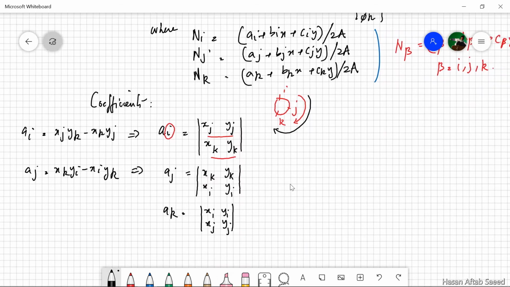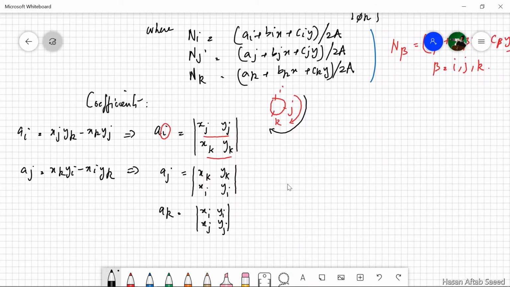What about the b's? Bi, if you recall, was yj minus yk. Now again, if we try to write it using a similar scheme, to the left there should be a column for x, on the right a column for y.